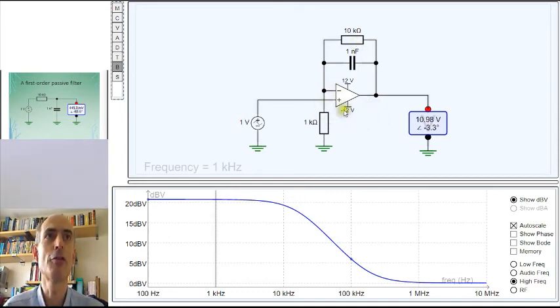The disadvantage of this configuration, however, is that the minimum gain of the op-amp doesn't keep going down forever. It kind of rolls off, in this case to 0 dB, because for a non-inverting op-amp like this, you cannot have a gain of less than 1.